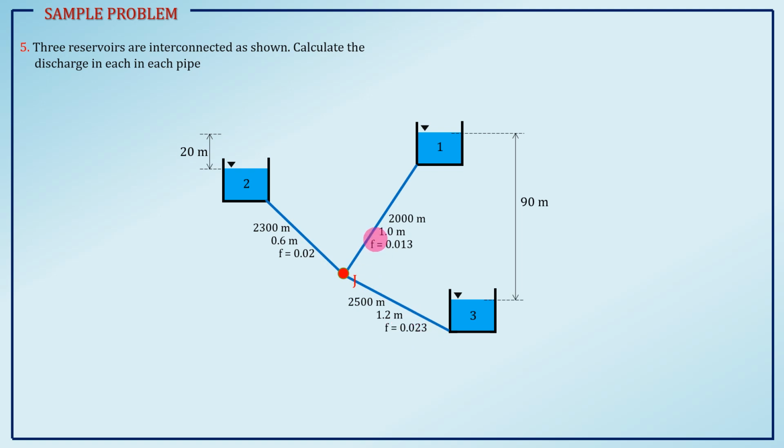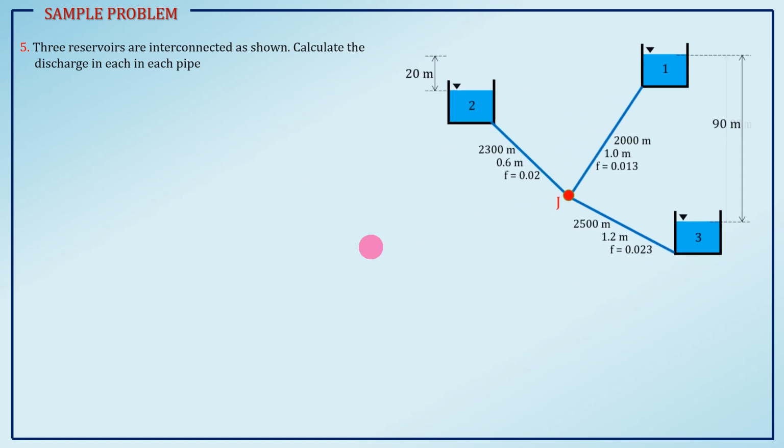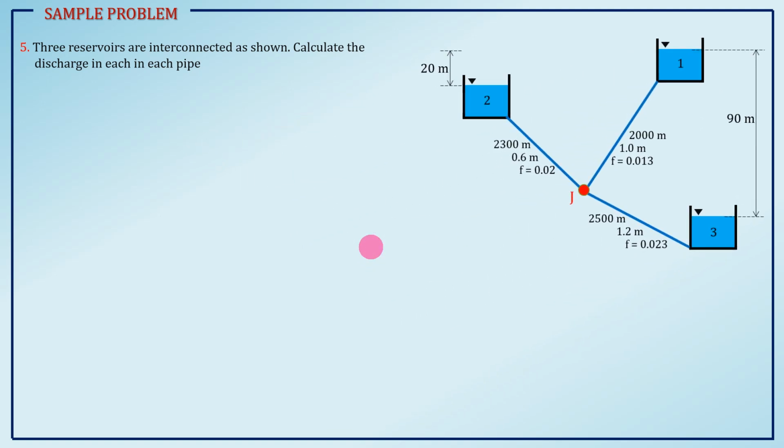So, friction factor yung ginamit dito. So, we will be using the major head loss equation of Darcy-Weisbach. So, analyze natin siya. So, on this problem, the elevations are not given.